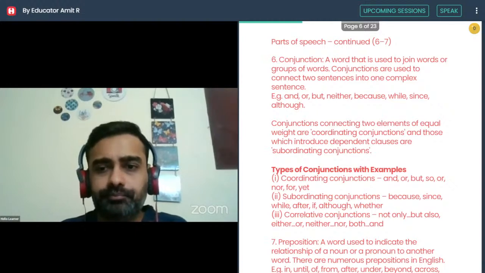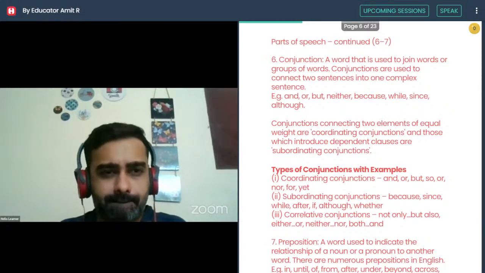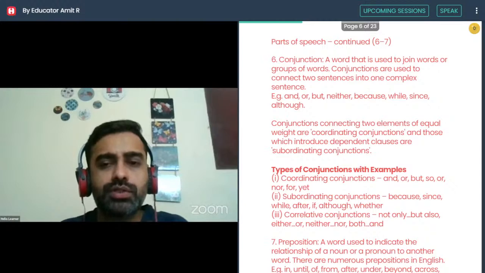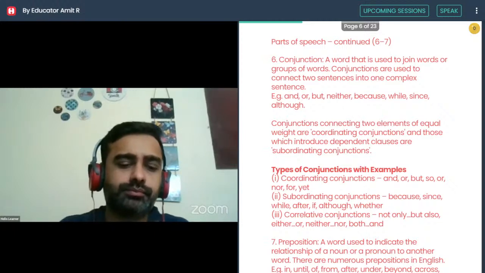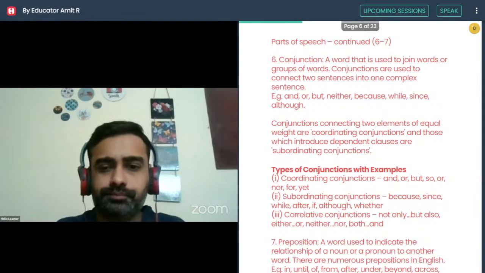Okay. Parts of speech continued. Conjunction: a word that is used to join words or groups of words. Conjunctions are used to connect two sentences into one complex sentence.